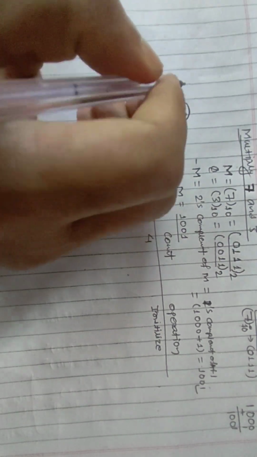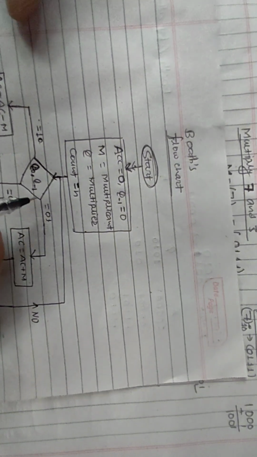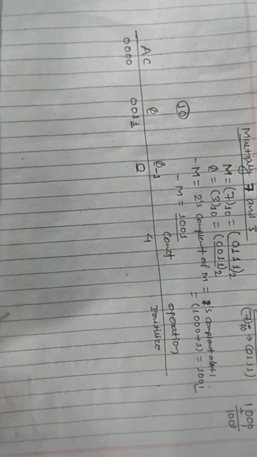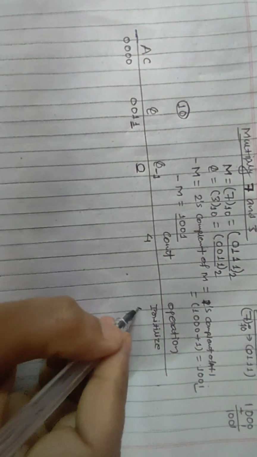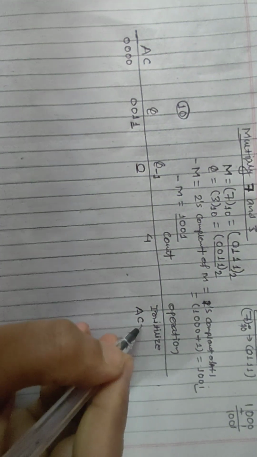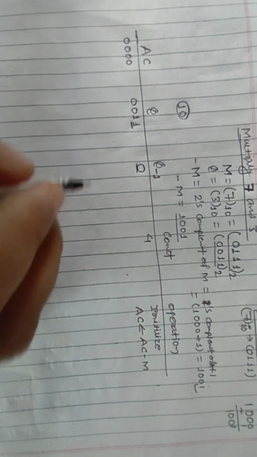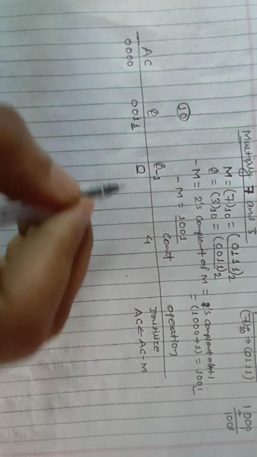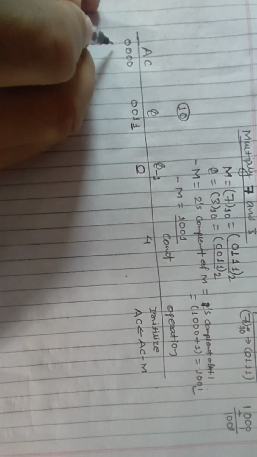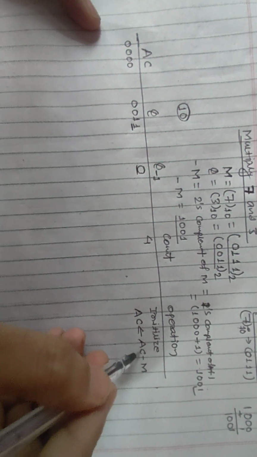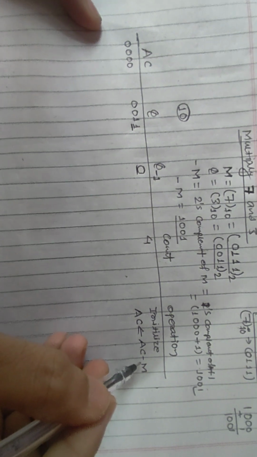We can see from the flowchart, if our combination is 1 0, then we have to go towards AC equal to AC minus m. So we have to change the value of the accumulator after subtracting the value of m.